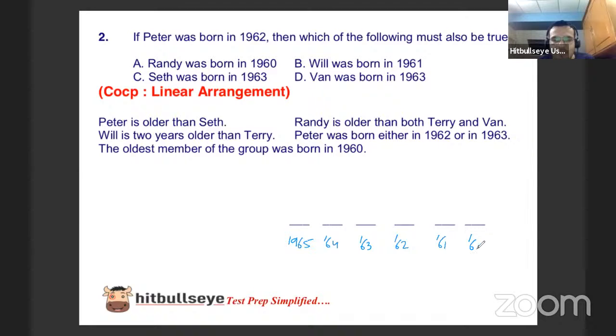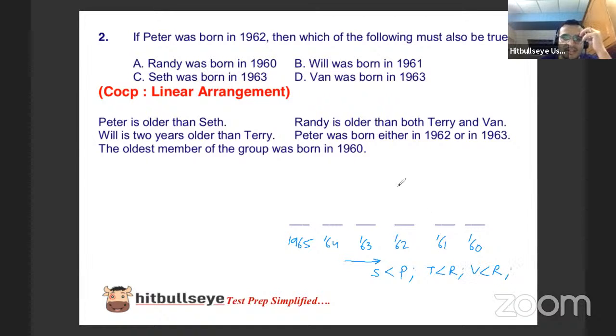Now what are the conditions given? Peter is older than Seth, so Peter will come on this side. Randy is older than both Terry and Van, so Randy will come again on the right side. And Van.